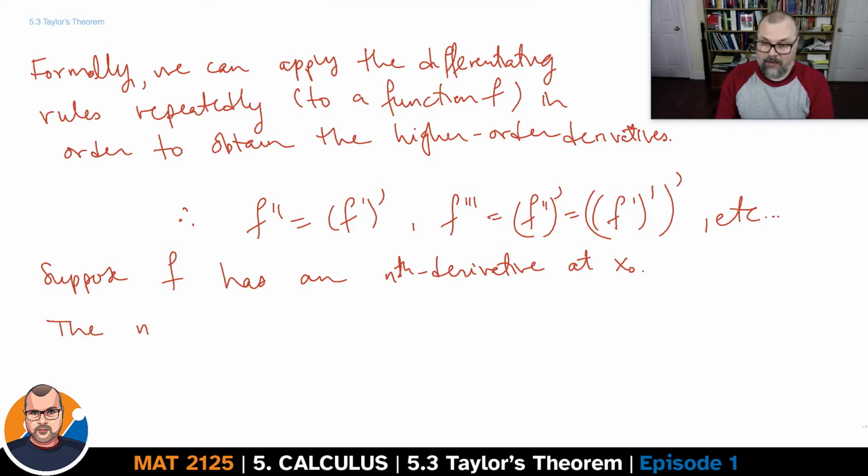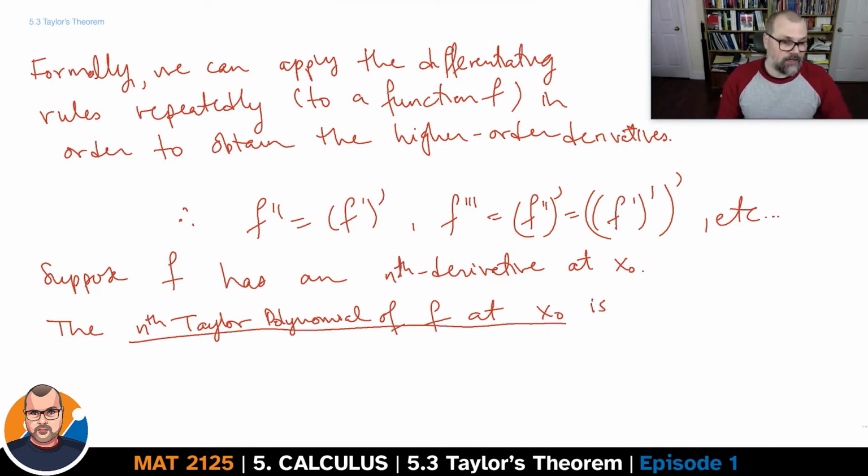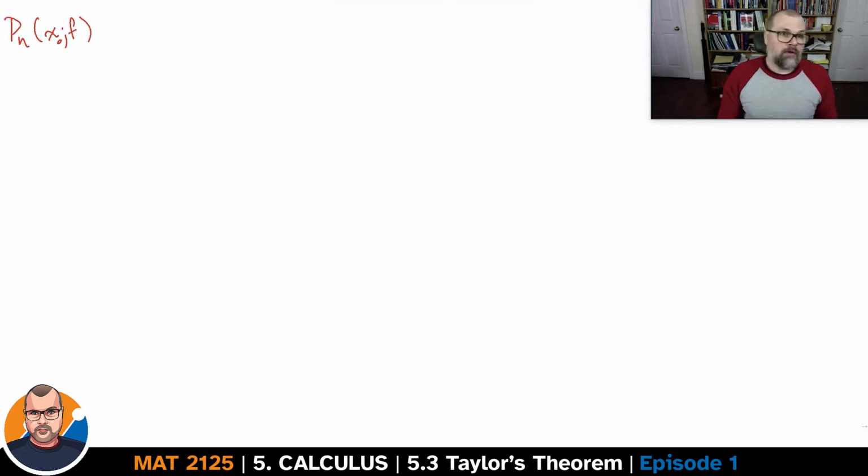The nth Taylor polynomial of f at x0 is going to be, I'll write this on the other slide just to have a bit more space, P_n at x0. We don't always specify the f if the context makes it clear what function we're talking about, but we might as well put it in there at least the first time.